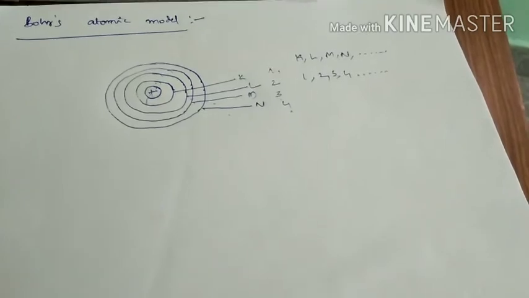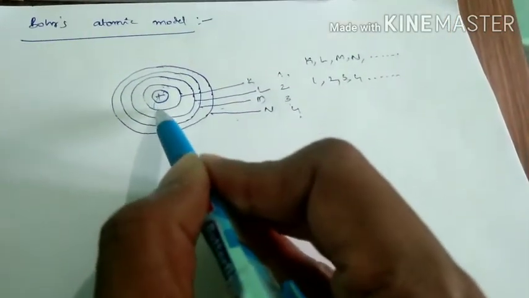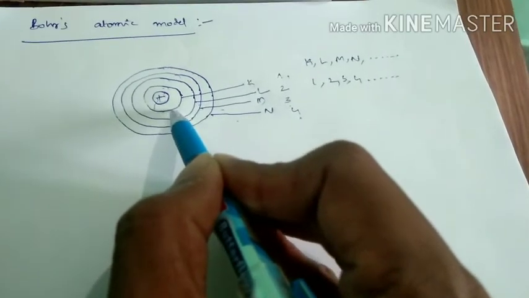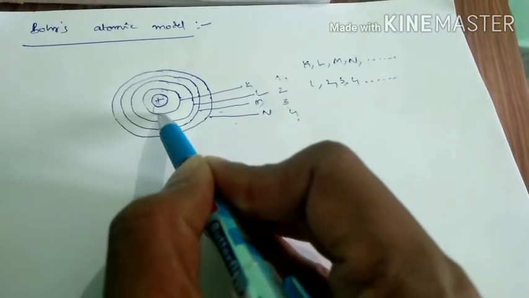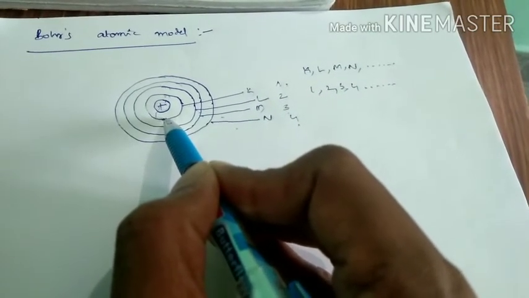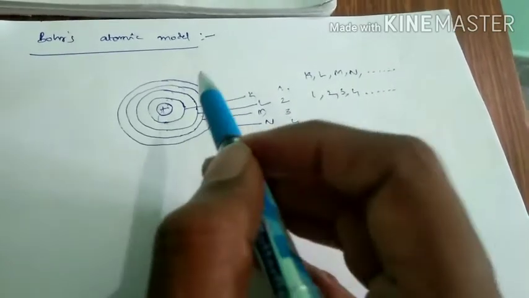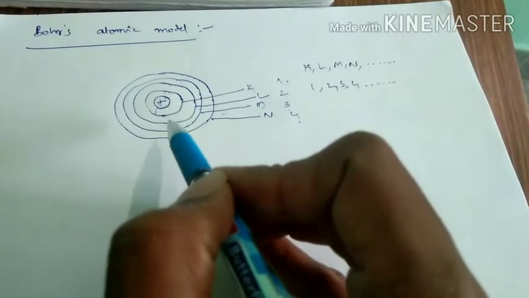Next point. When the electron revolves in an orbit, suppose the first orbit, it never gains energy from another orbit or loses energy to another orbit. That means those electrons never gain energy and never lose energy.